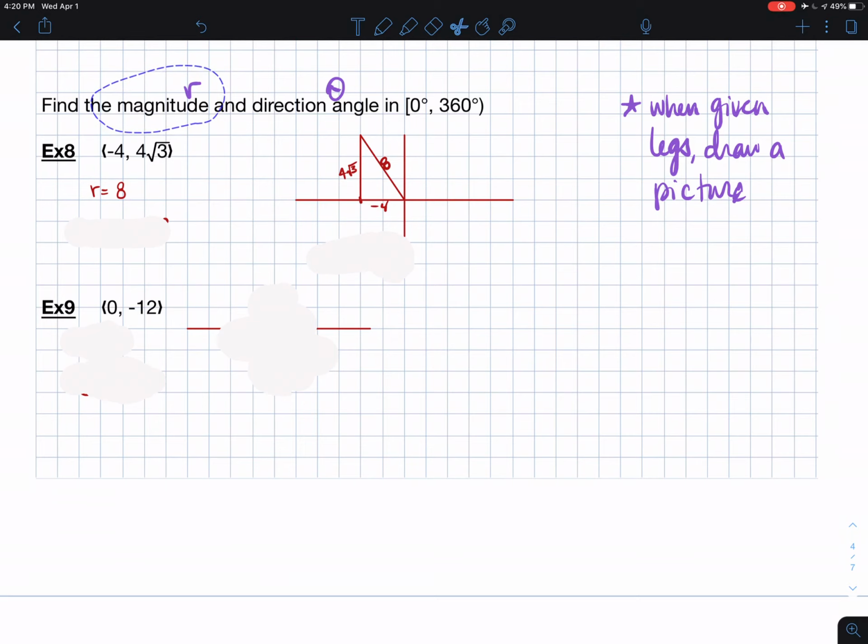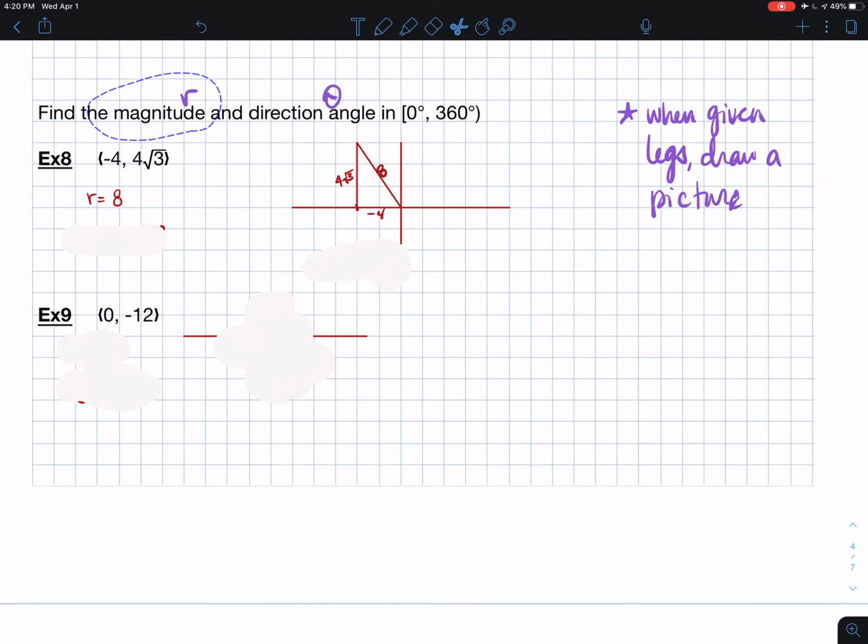Now, to find theta, let's take this a little bit more slowly here. To find your theta, I want you to look at your picture and tell me which of the two pieces are the prettiest pieces. Which two pieces are the prettiest?